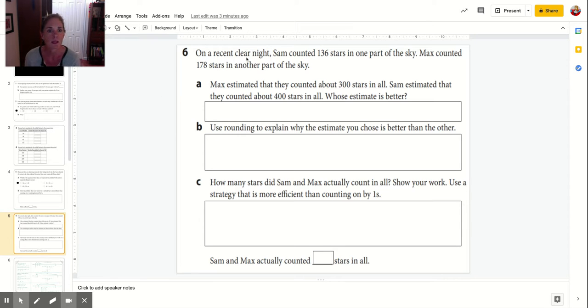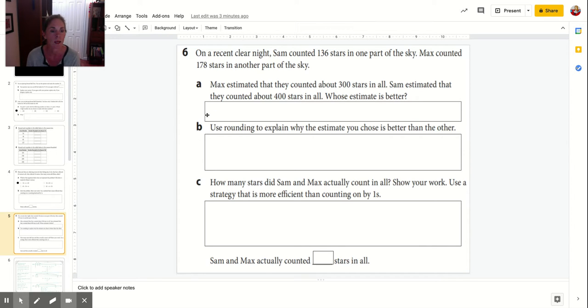On a recent clear night, Sam counted 136 stars in one part of the sky. Max counted 178 stars in another part of the sky. Max estimated that they counted about 300 stars in all. Sam estimated that they counted about 400 stars in all. Whose estimate is better?